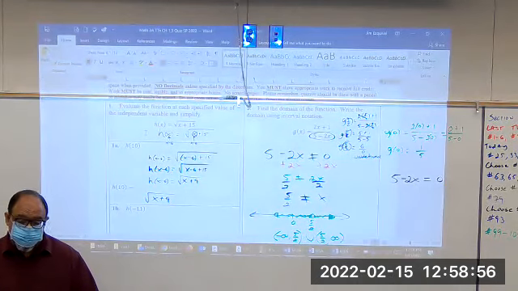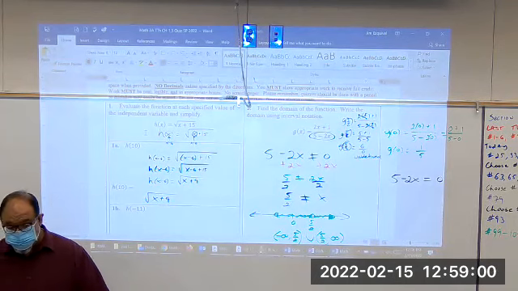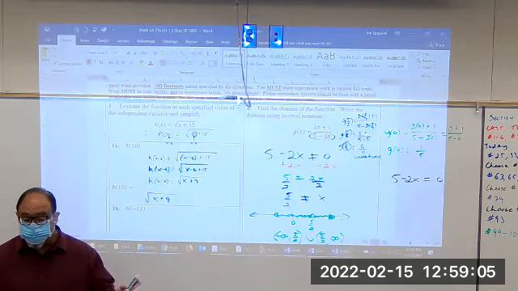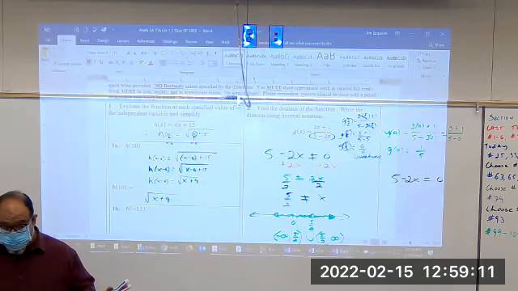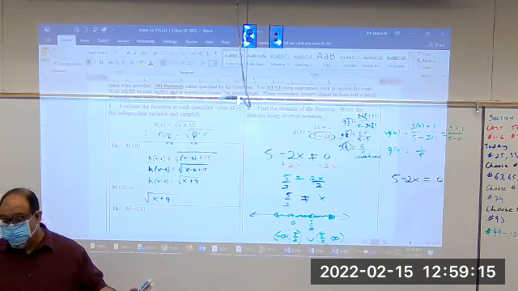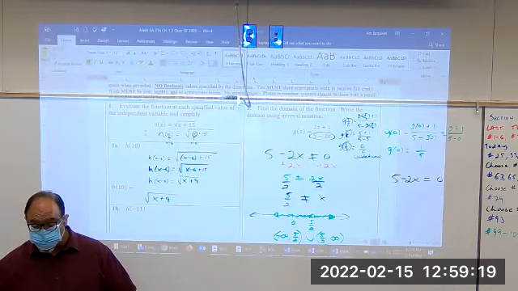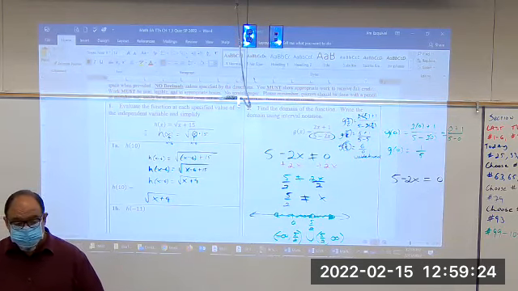And with domain, you've got to think: can't have 0 in denominators, can't have negatives inside an even root. Those are the things you have to look for. If you don't have a denominator with an x in it, or anything that might make the denominator 0, all real numbers are going to be fine. If you don't have any even roots, square root, fourth root, sixth root, the domain's going to be all real numbers.